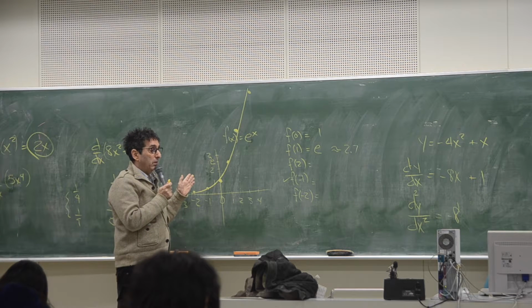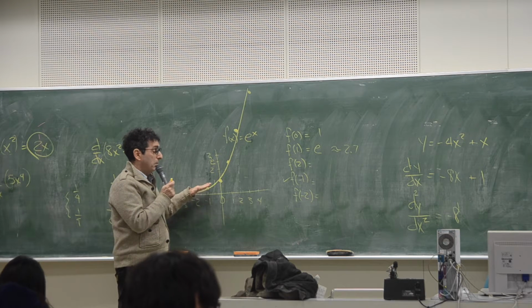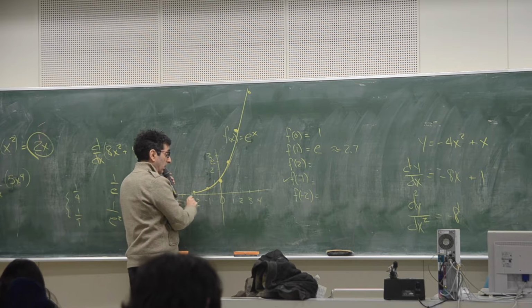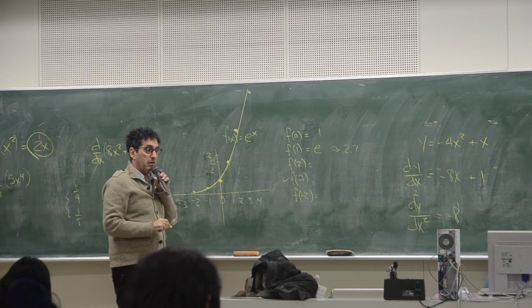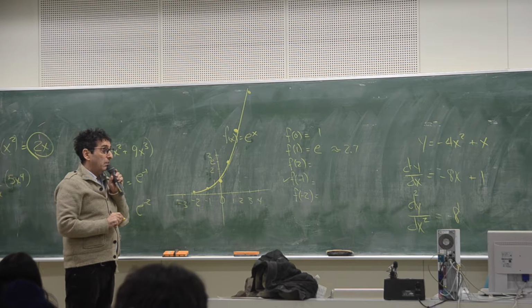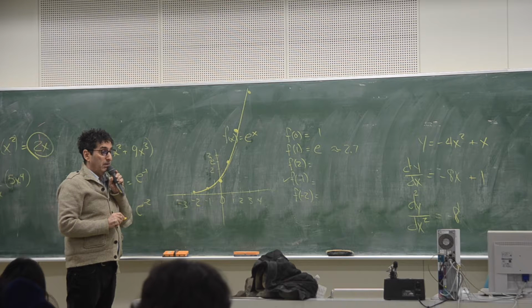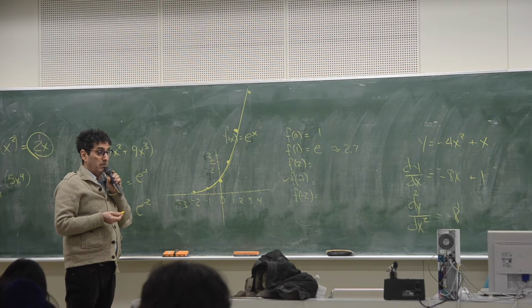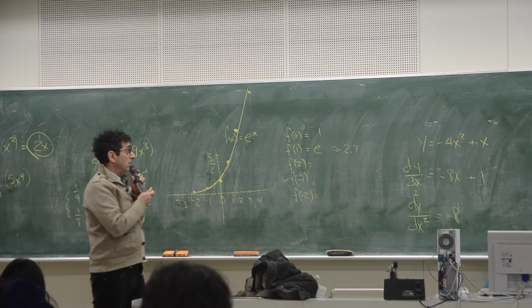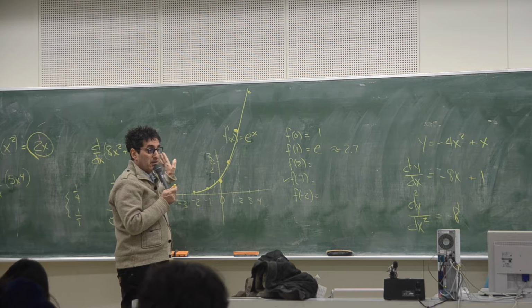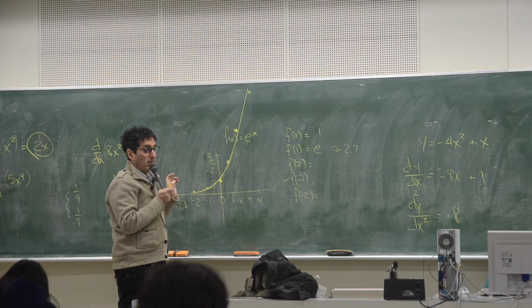We can still wonder about the slope at different places. Like, what's the slope here? What's the slope here? What's the slope there? We can still wonder, what's the slope? And if we could find the derivative, then we would know about the slope. But the derivative of this is not the derivative of the other functions that we've seen, because this is not the same function.